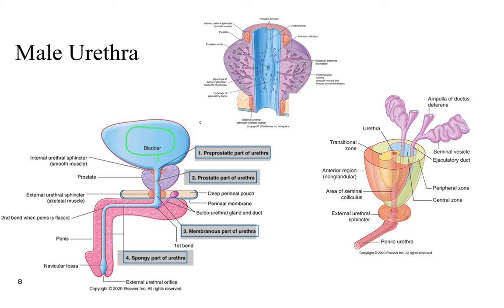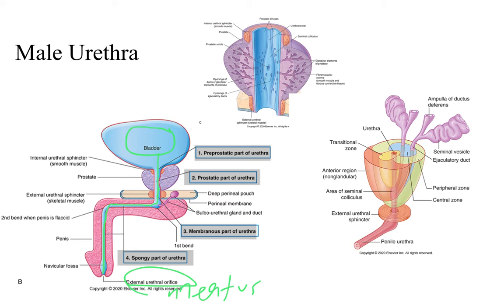So you have the bladder going down through the urethra, and then coming out through the internal part of the penis, through the external part of the penis, and out through the external urethral orifice, or otherwise known as external urethral meatus.